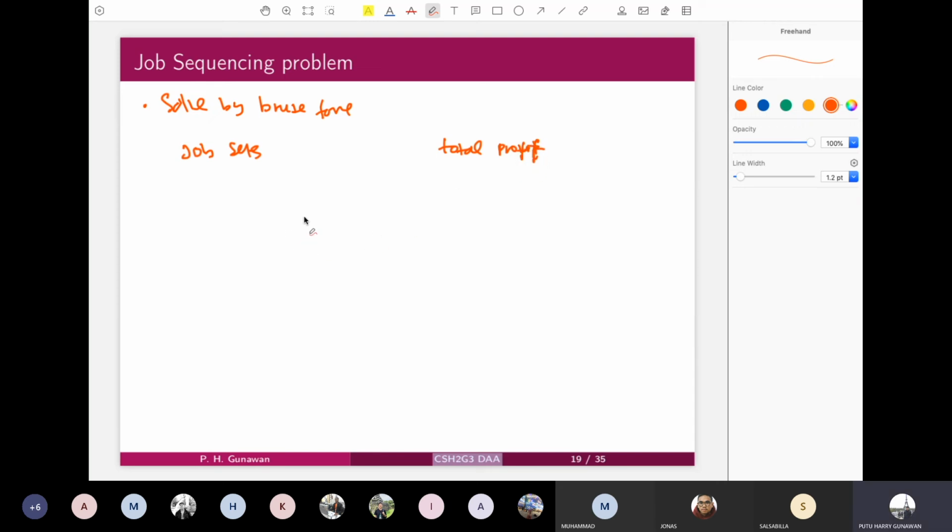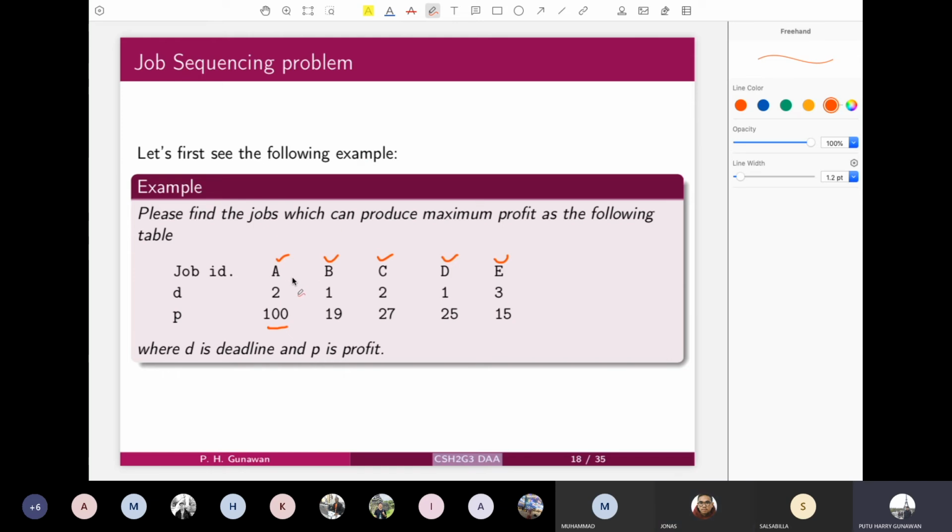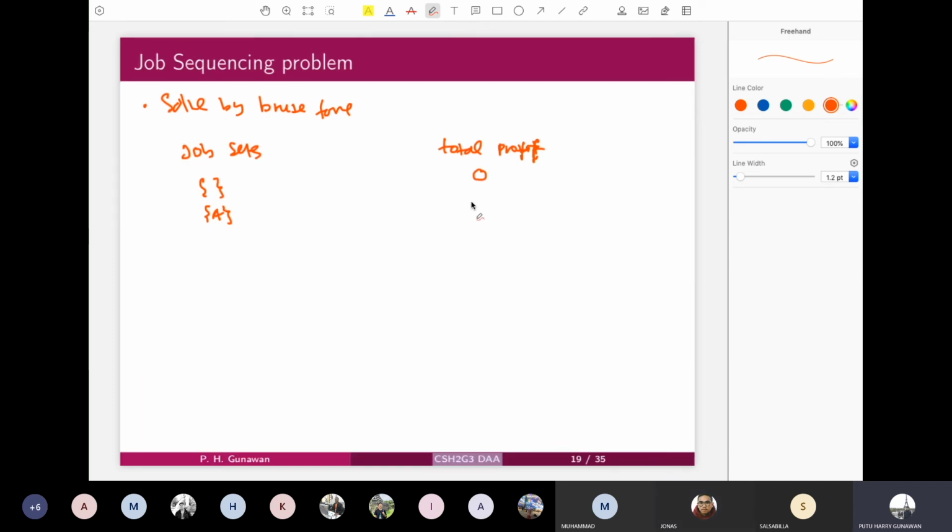If you don't take anything, you have a total profit of 0. How about if you take only A? Then you have deadline 2 and a profit of 100.